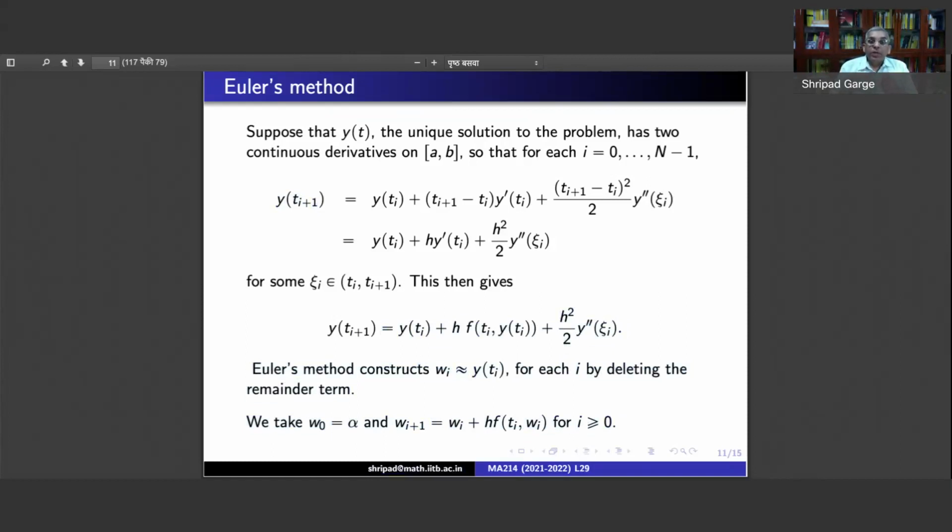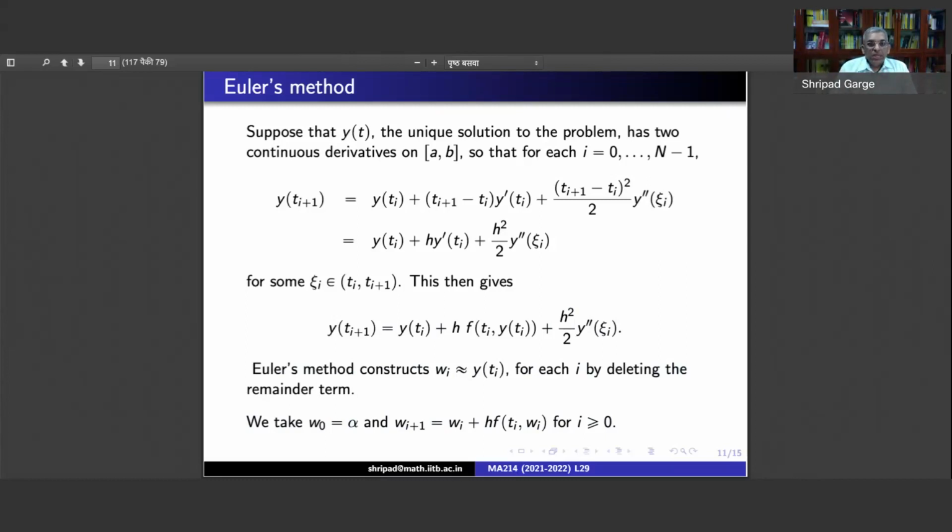And therefore, by putting that value for w_1 in that equation to obtain w_2 will give a slightly loose approximation to y(t_2). And then that will give a further weaker approximation to y(t_3). So you will see that the approximations tend to be slightly worse as we go further and further in the nodes.